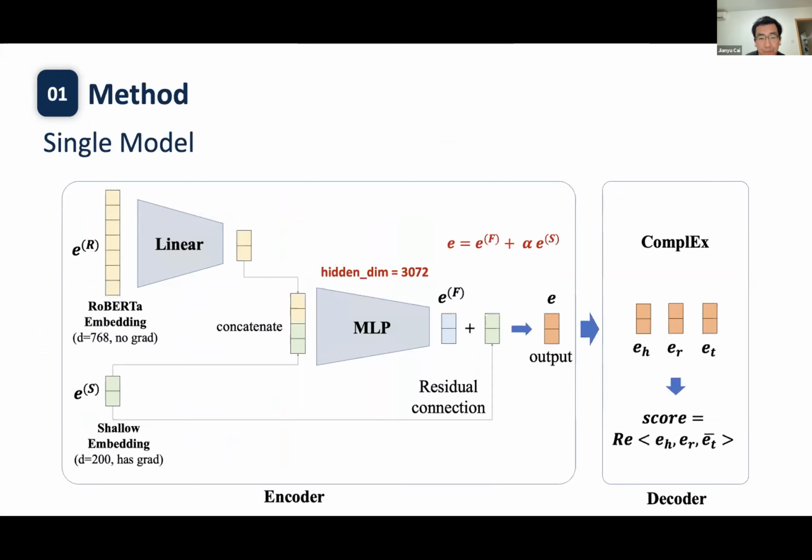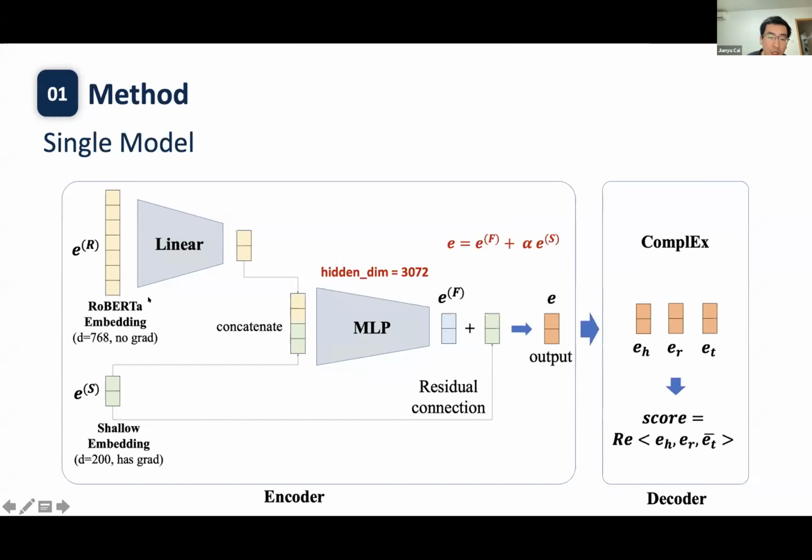For the encoder, we mainly focus on the fusion of embeddings, RoBERTa embeddings and shallow embeddings, as RoBERTa embeddings reflect the text information of the entities and relations, and shallow embeddings reflect the structural information in the graph. So I believe the appropriate fusion method is critical to the improvement of the performance.